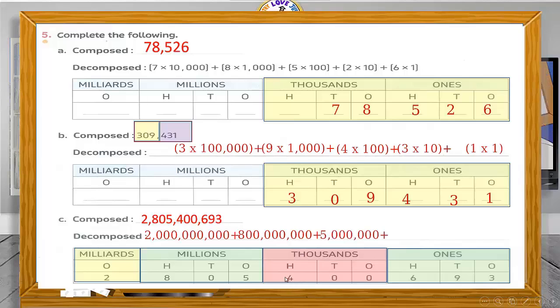Next period in thousands place, we have 4 in hundreds, write 400,000, nothing in tens, and 1,000th place. Next period here in ones, we have in hundreds place, we have 6, write 600, and in tens place we have 9, write 90, and last digit is 3.